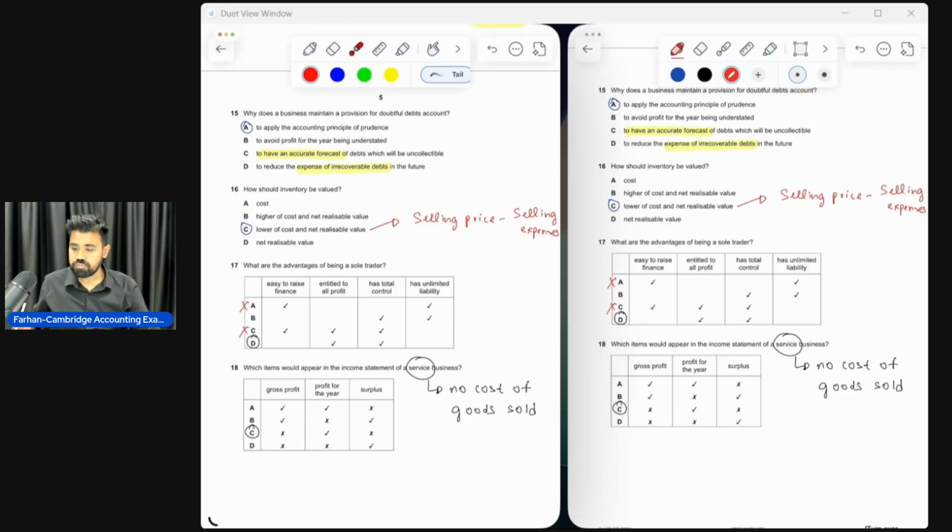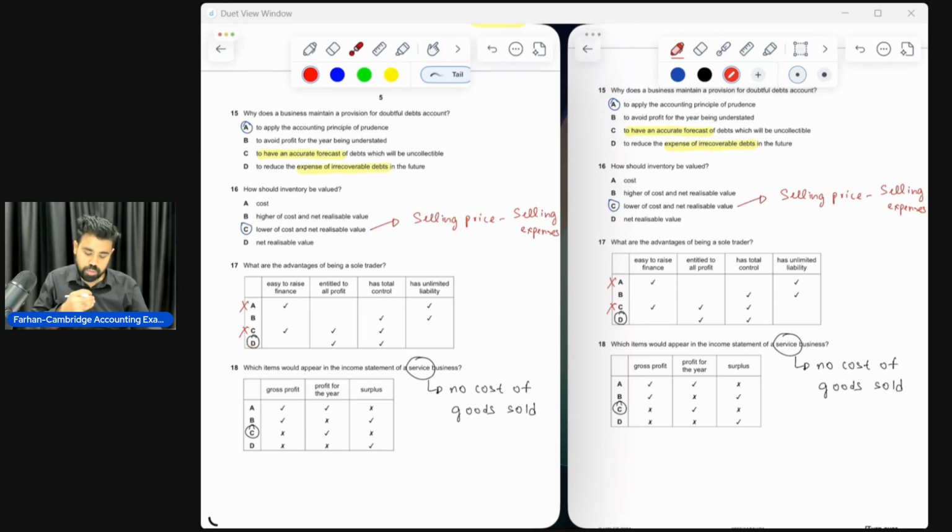So if someone sues him for any products or any services that he may have sold, and he loses the battle in court, then he will lose all his personal assets. Therefore, he does not have unlimited liability. So the correct answer to select would be that he is entitled to all the profit and he has complete control, being the sole guy in his business, which would be option D. All right? Okay.